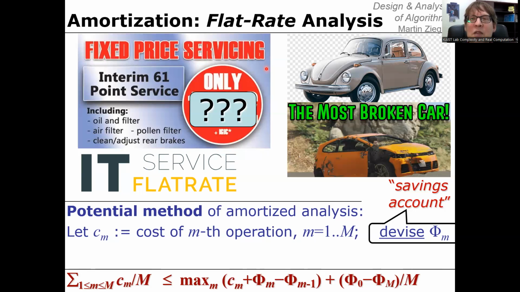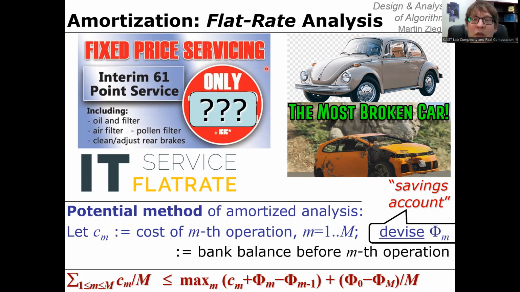So that's a kind of a motivation or a background of amortized analysis, computer science, originating actually in business, in economics. And so the goal is to kind of devise for ourselves a policy on how to maintain the savings account and then analyze it, right?